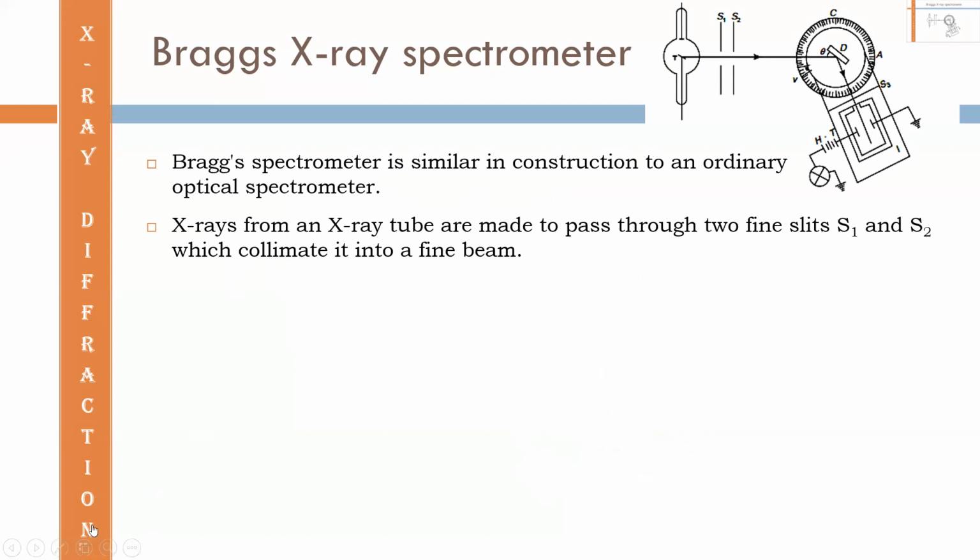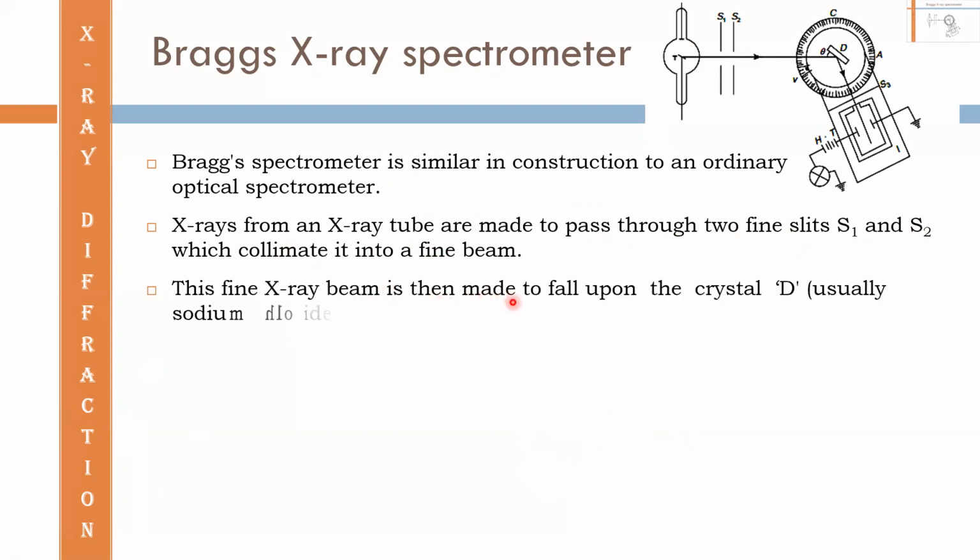The X-rays from the X-ray tube are made to pass through two fine slits, S1 and S2, which collimate it into a fine beam. The fine X-ray beam is then made to fall upon the crystal D, usually a sodium chloride crystal mounted on the spectrometer table.